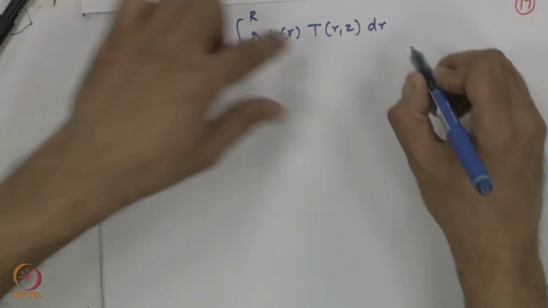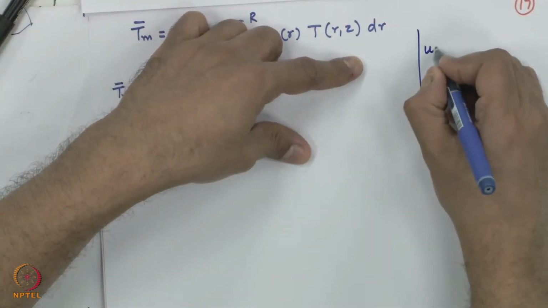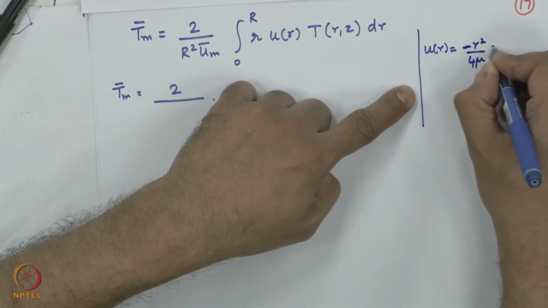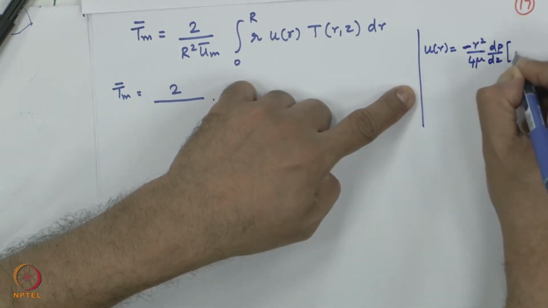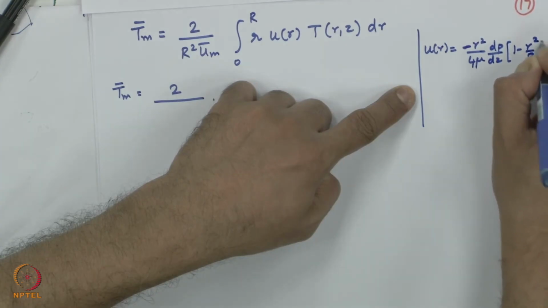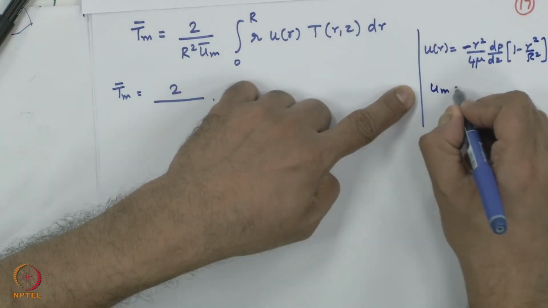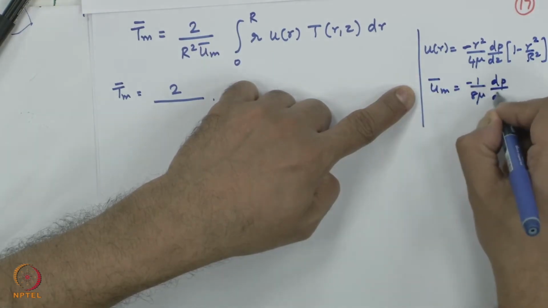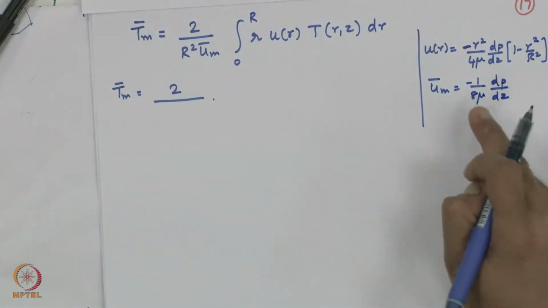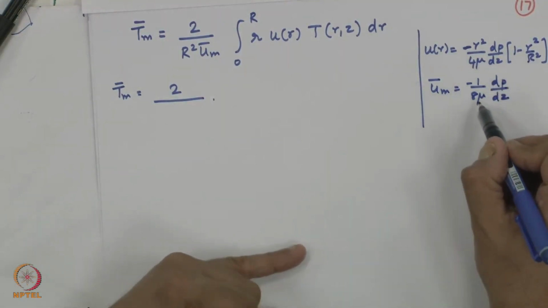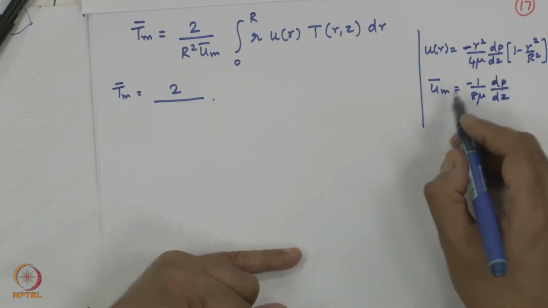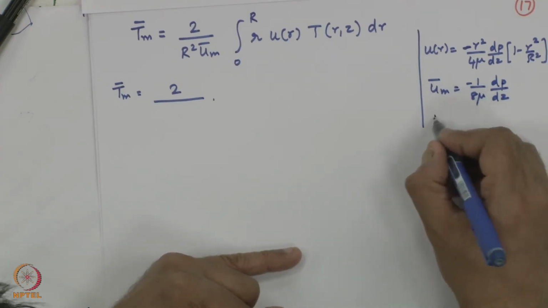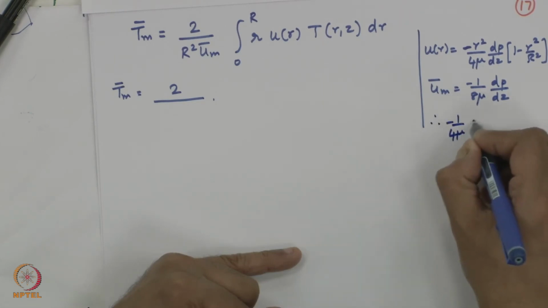Remember, we also had u of r is equal to minus R squared by 4 mu dp by dz times 1 minus r squared by R squared. This was my expression, and bulk mean velocity was 1 by 8 mu, of course, minus sign is there, dp by dz. So, if I substitute for dp by dz and 1 by 4 mu, this is nothing but 2 times bulk mean velocity, correct. This is 2 times bulk mean velocity, therefore, minus 1 by 4 mu dp by dz.